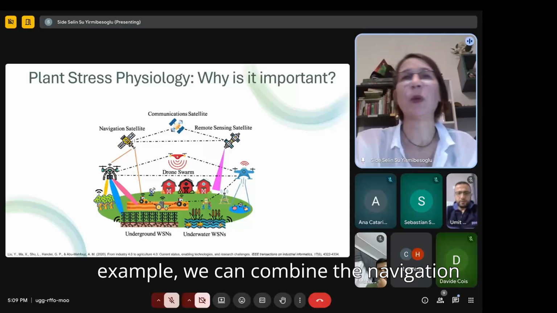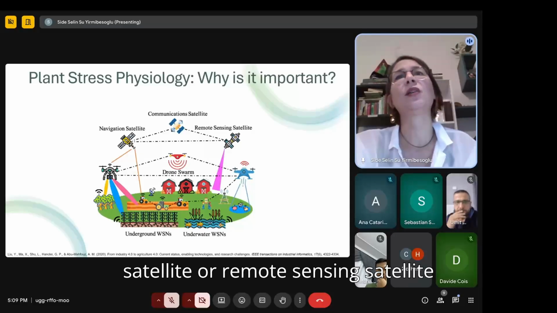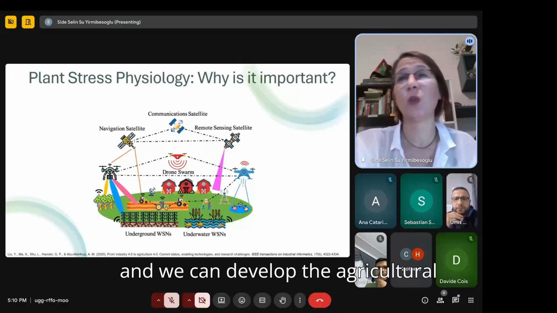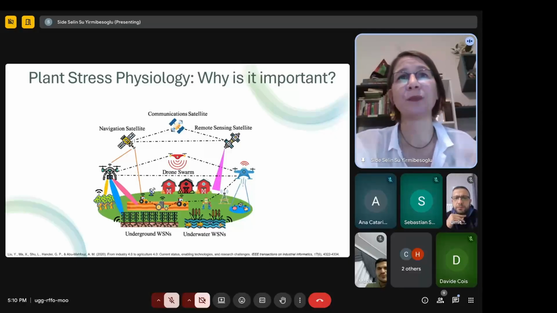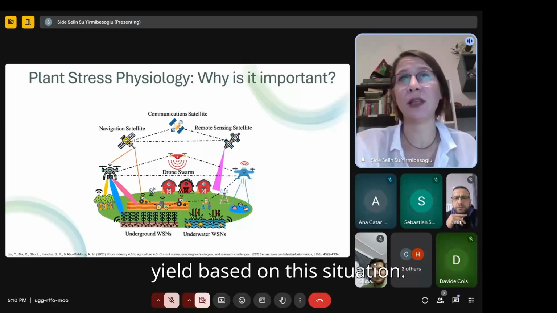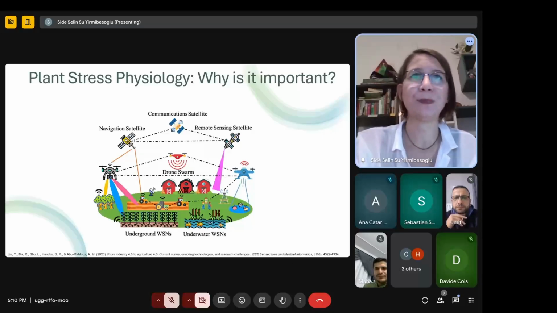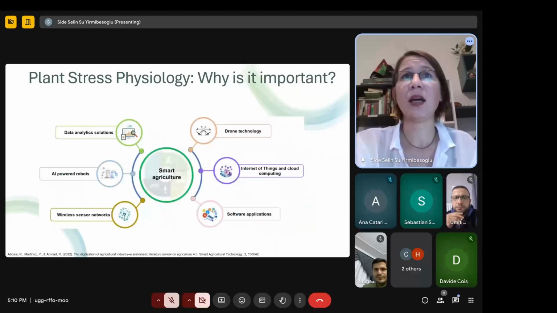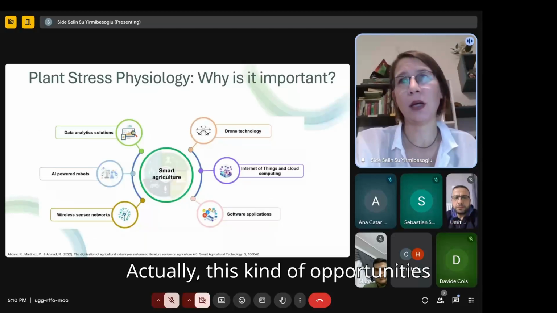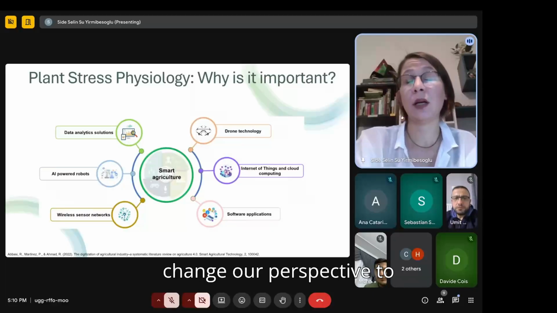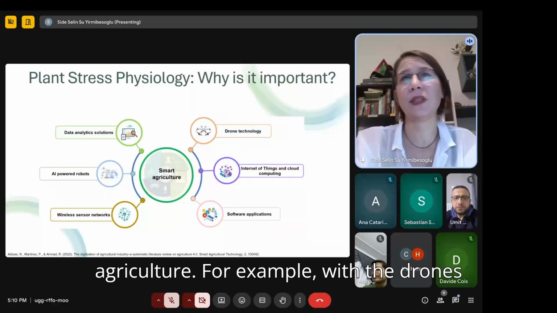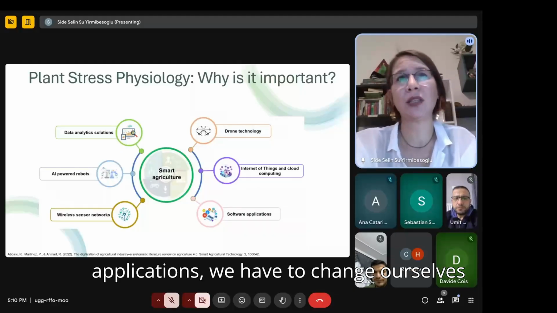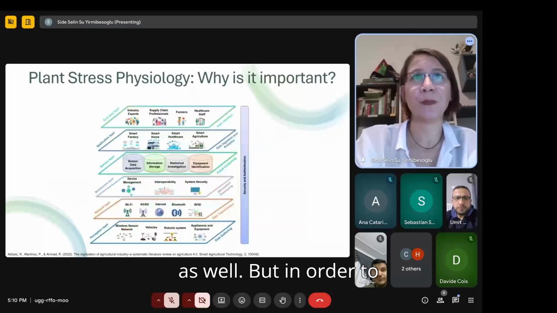For example, we can combine navigation satellite or remote sensing satellite technologies with drones, and we can improve agricultural yield based on this. Similar to the Industrial Revolution, these kinds of opportunities change our perspective on agriculture. For example, with drones, the Internet of Things, or software applications, we have to change ourselves as well.